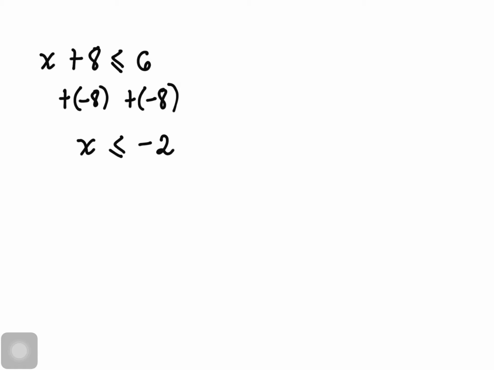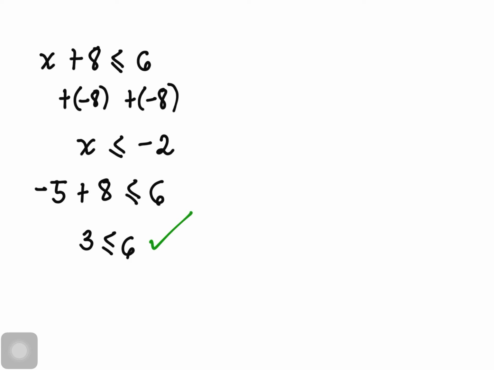Let's say, for example, we'll try negative 5. So, negative 5 plus 8 is less than or equal to 6. 3 is less than or equal to 6, which is a true statement. Therefore, we know that all values less than or equal to negative 2 will satisfy our inequality statement.